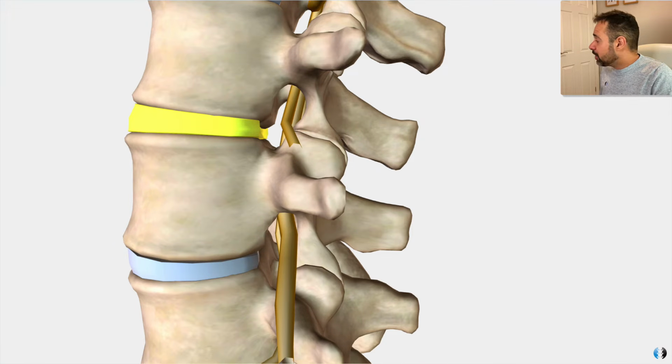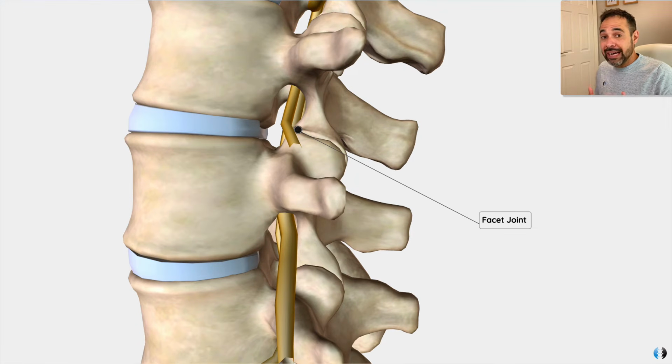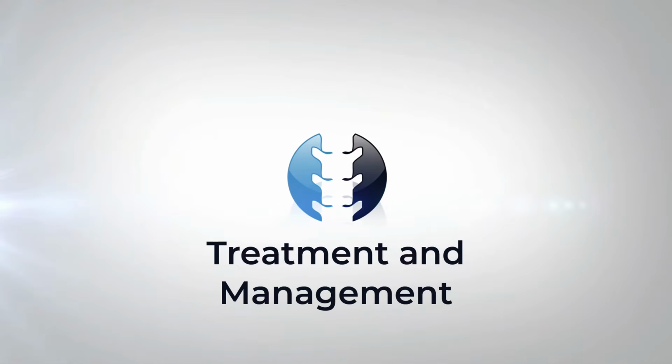Also, if the facet joint is sufficiently irritated, or as we get older, sometimes around the facet joints we develop osteophytes as a part of the growing and aging process, then as you can see, these also may impact and compress on the nerve, causing nerve issues. Therefore, if our patients do have nerve issues, we really must keep an eye on them and screen them with things like myotomal tests and dermatomal tests to see if we need to refer these patients on to an appropriate specialist.